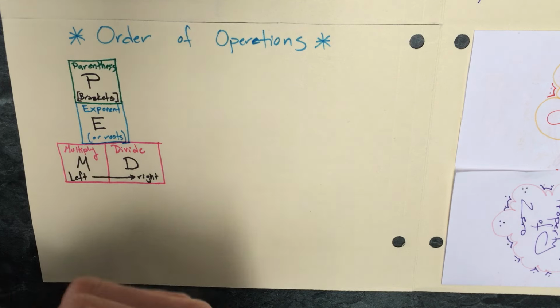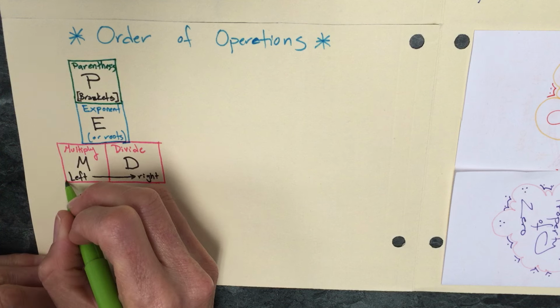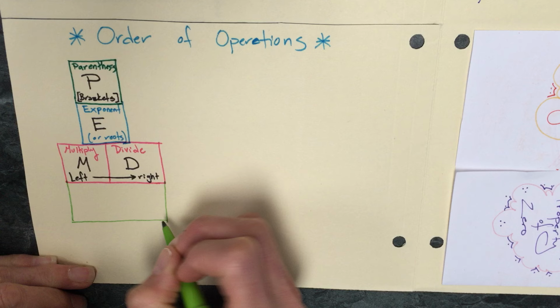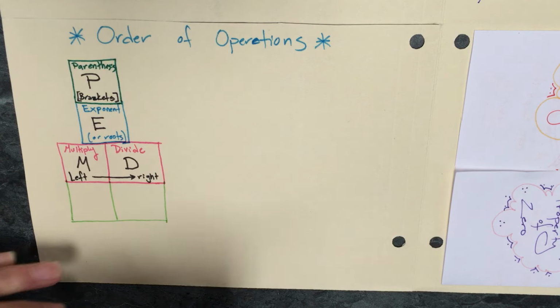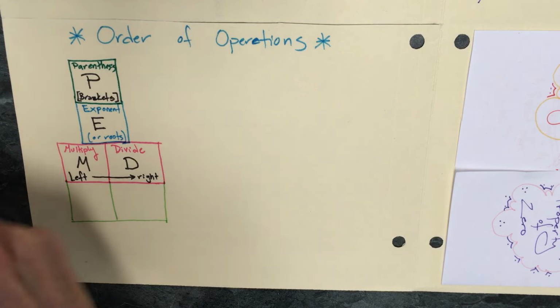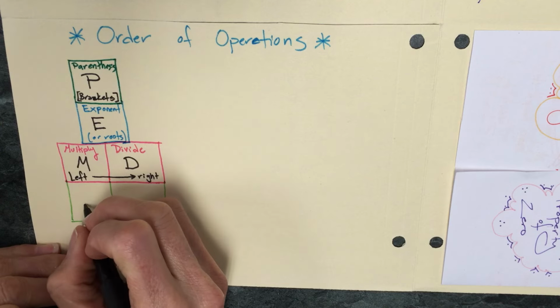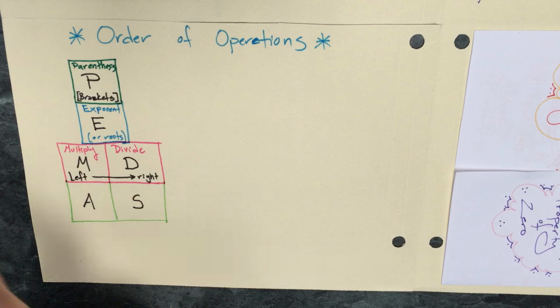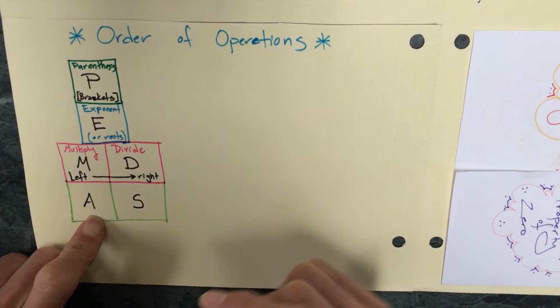And then last, this is not the prettiest, not make great boxes. Addition and subtraction. And again, whatever comes first in the problem, you don't have to do the addition first.